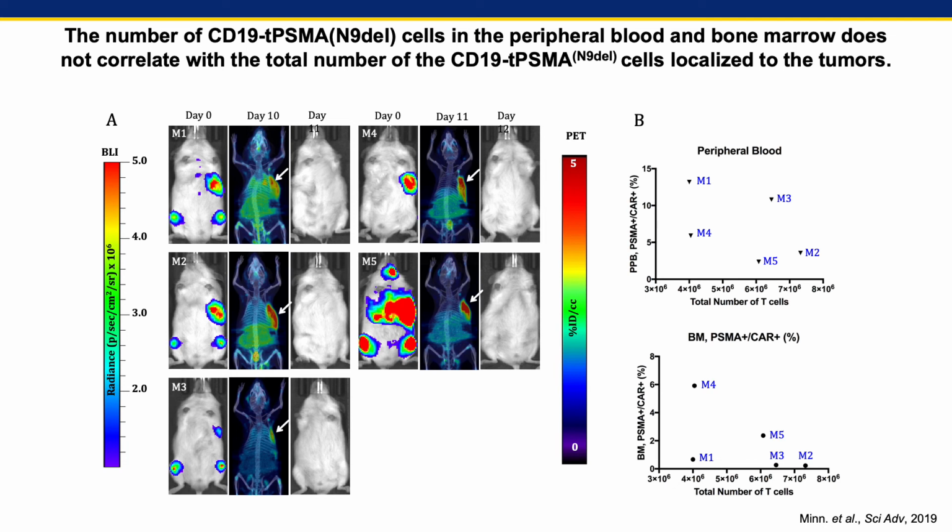That also indicates that our PET imaging, which can provide quantitative information, may be a more precise way to determine the pharmacokinetics of infused CAR T cells in the patient.